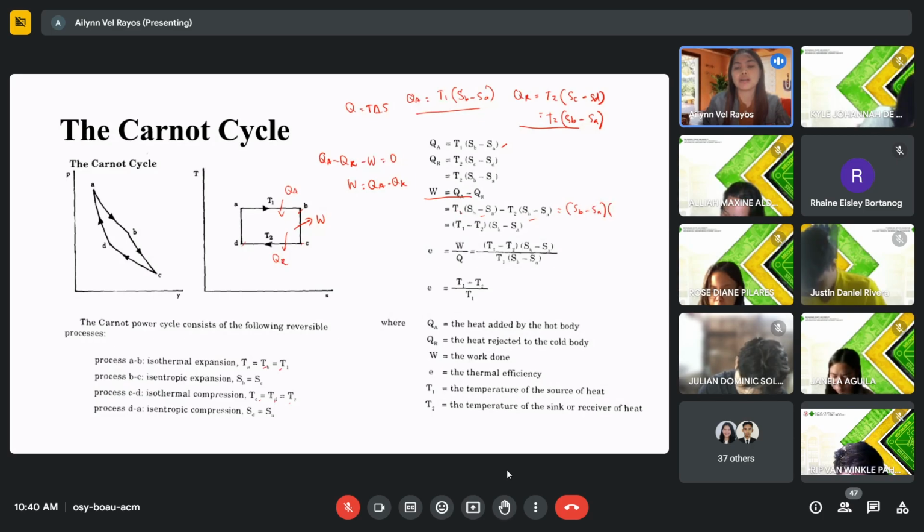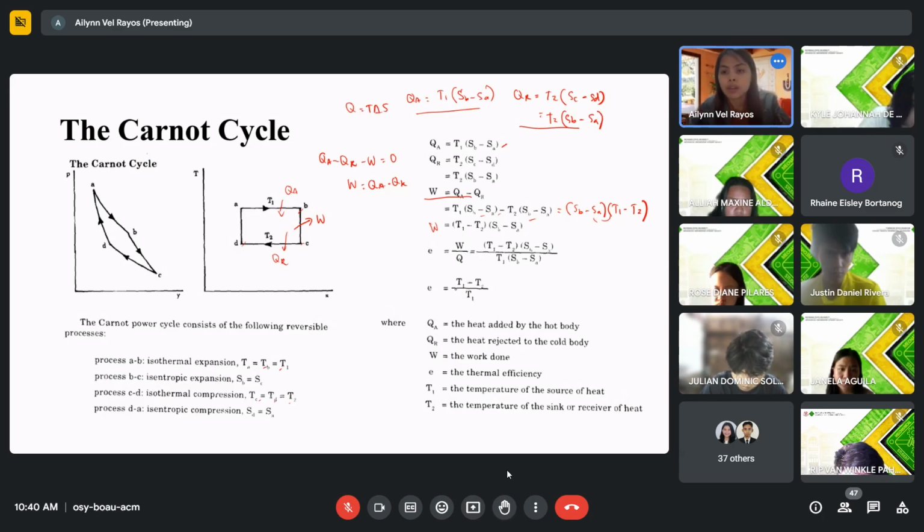Then, multiplied by, ang natira sa first term ay T1. Ang natira naman sa second term ay T2. Operation ay minus. So, minus T2. So, binaliktad lang siya dito. Kaya T1 minus T2, ito, nandito. Kasi multiplication naman siya. SB minus SA. So, work natin ay quantity of T sub 1 minus T sub 2 multiplied by the quantity SB minus SA, or change of entropy.